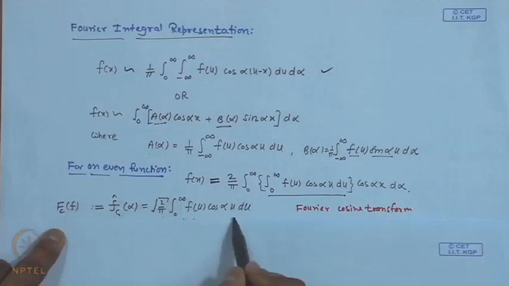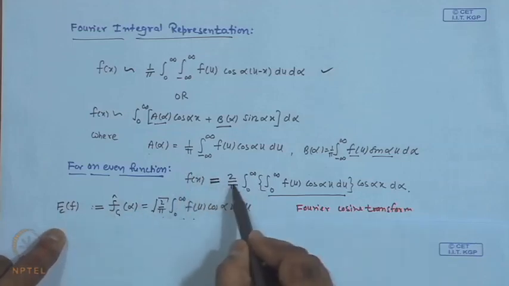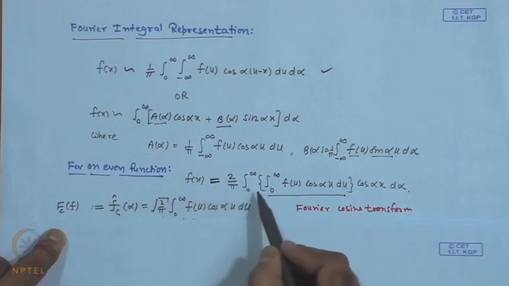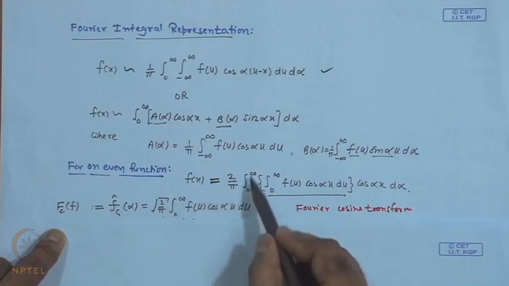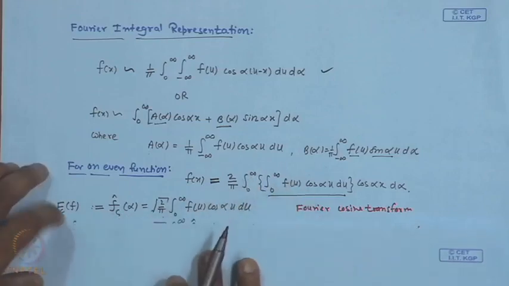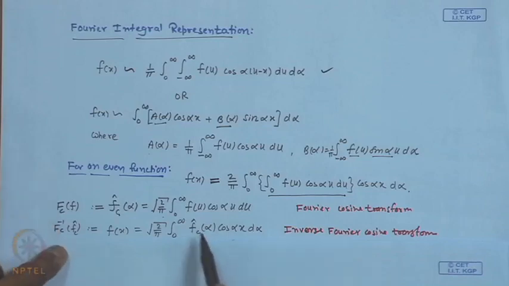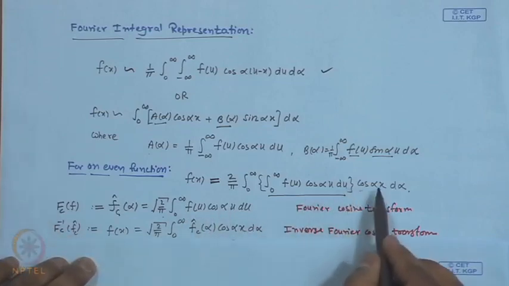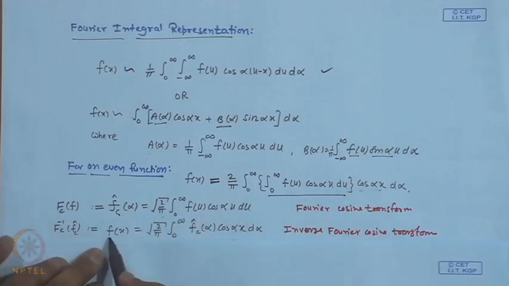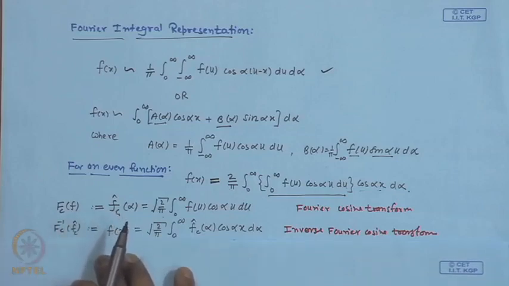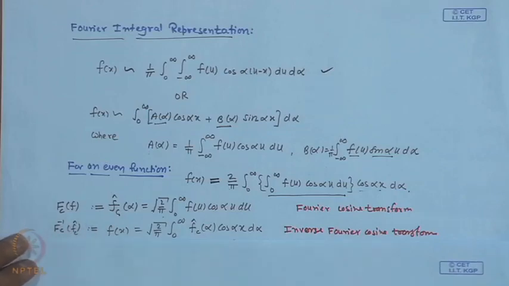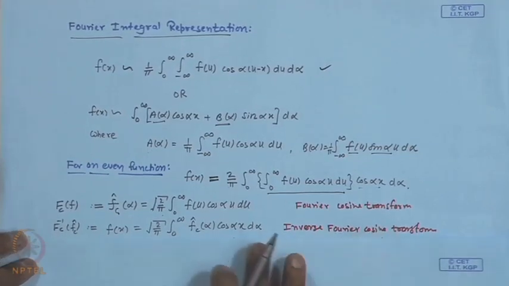Then f(x) is square root of 2 over pi, integral from 0 to infinity of f hat c(alpha) cos(alpha x) d alpha, and this we call the inverse Fourier cosine transform, F_c inverse of f hat c(alpha).